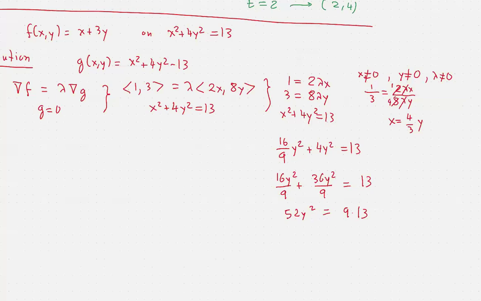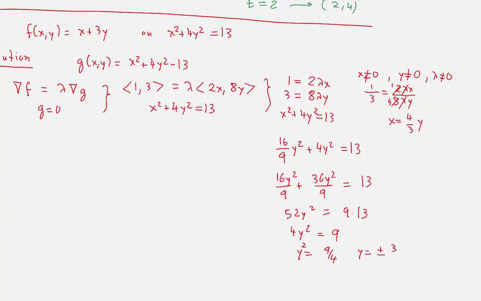So this simplifies to 4y squared is equal to 9, and y squared is equal to 9 over 4, and y is equal to plus or minus 3 halves. Okay, so we have this nice little simplification.